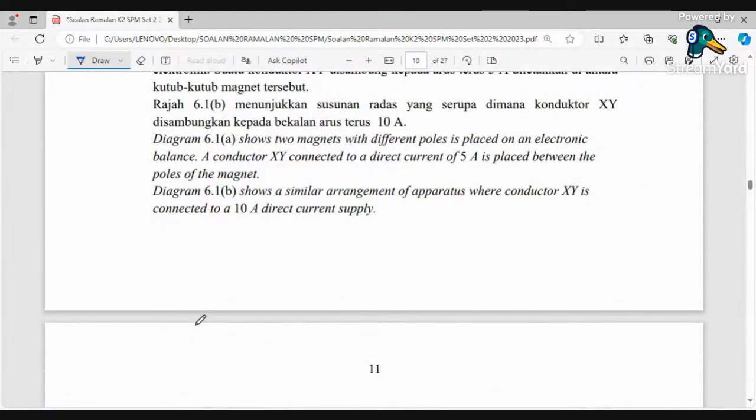Number 6. Diagram 6.1a shows two magnets, different pole, placed on an electronic balance. And then we have a direct current 5 ampere placed between poles of magnet. In 6.1b, the conductor XY is connected with 10 ampere direct current supply. Okay, so you nampak here.